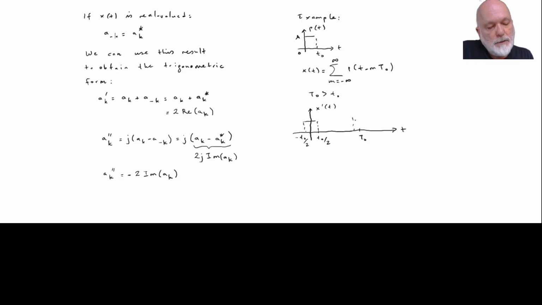At capital T0, we have again the pulse repeated, and similarly over there. So we know that x prime of t has the Fourier coefficients a, where the magnitude here is a t0 divided by capital T0 times sinc of k t0 over capital T0.